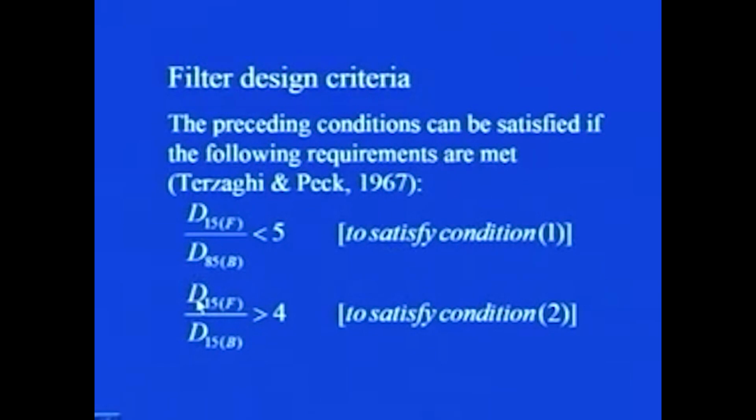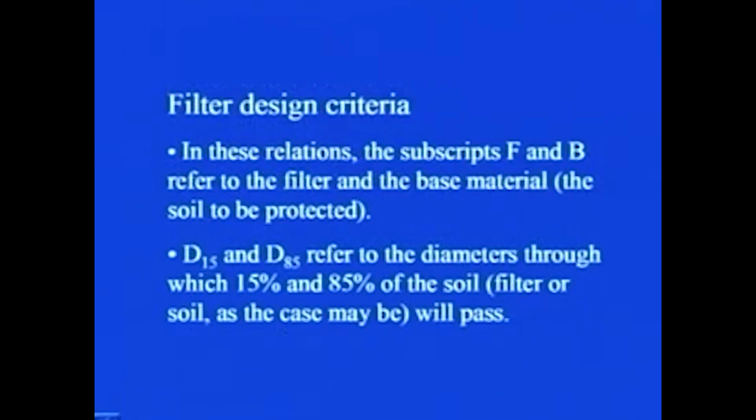If D15 of filter divided by D15 of backfill material is greater than 4, it satisfies the second condition, that is, excessive hydrostatic pressure is not developed in the soil. Now, in these relations, as I told you, the subscripts F and B refer to the filter and the base material.